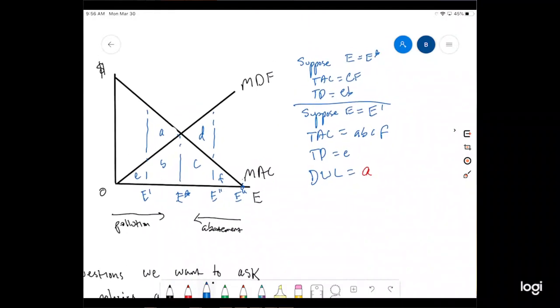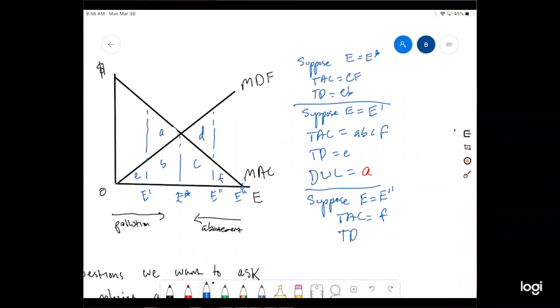Okay, now one more. Suppose E equals E double prime. Total abatement cost in this setting, so we've gone from EU to E double prime, is only the area F, underneath the marginal abatement cost curve between EU and E double prime.